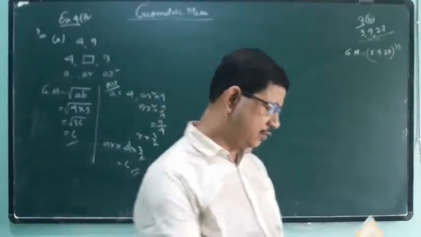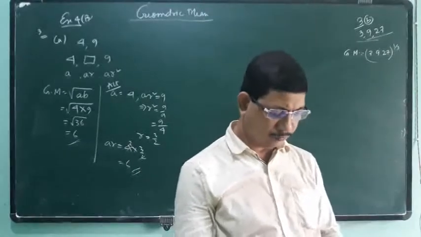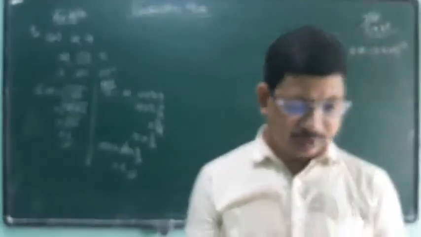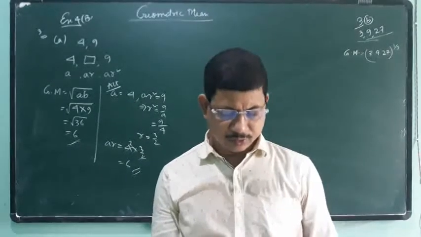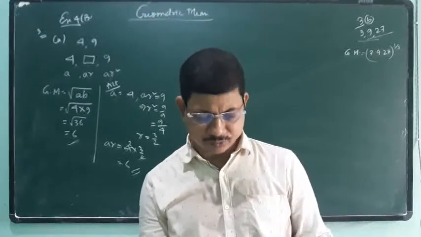Then they say find the geometric mean of these numbers. That is question number 4, which I am going to do. The geometric mean formula is a little bit different from this one.